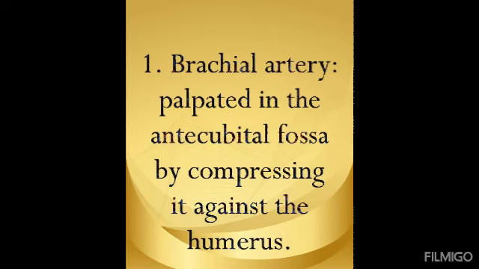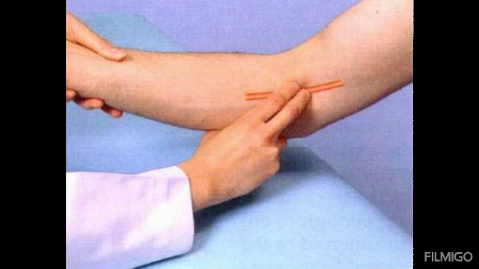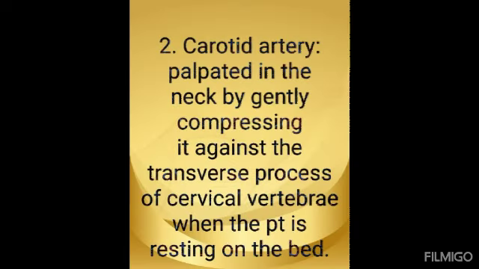The examiner should use the index and middle fingers or thumb of the opposite hand. With your free hand, flex the elbow to varying degrees to get optimal pulsations. This picture shows the brachial artery pulse palpation.